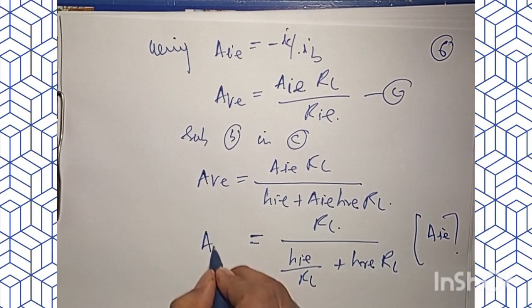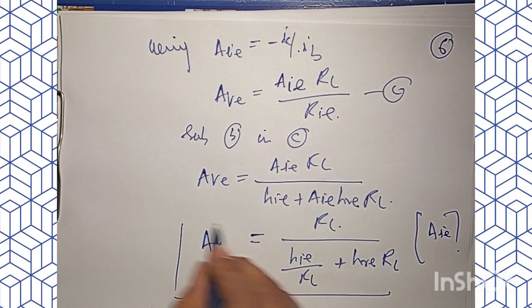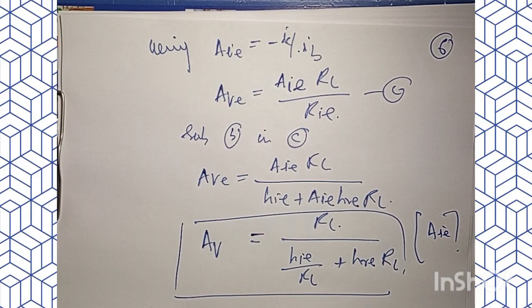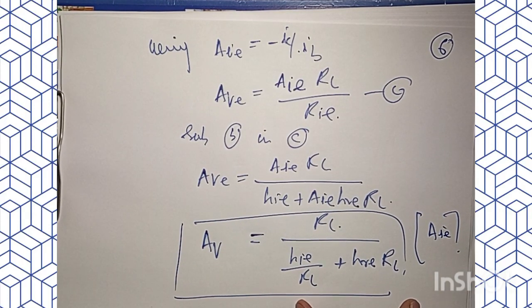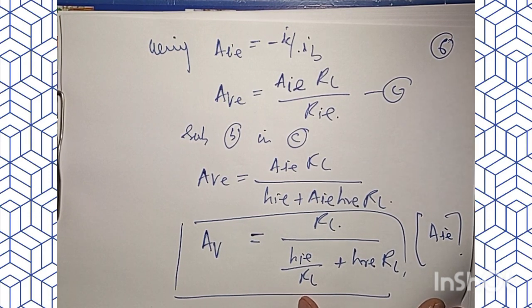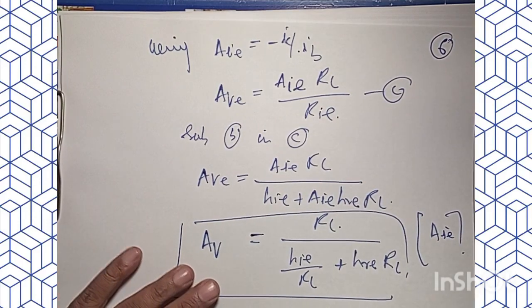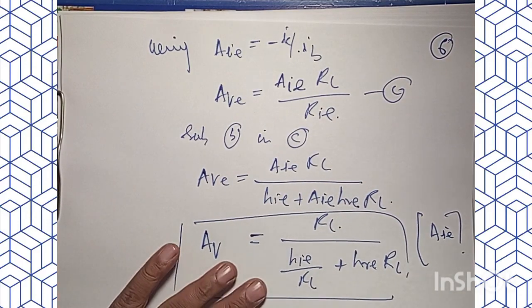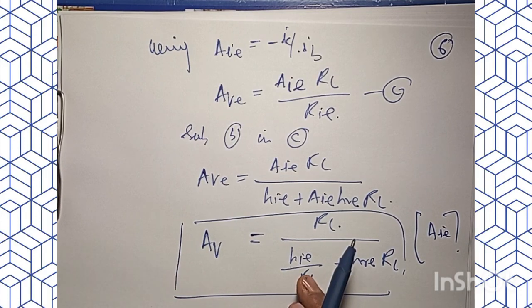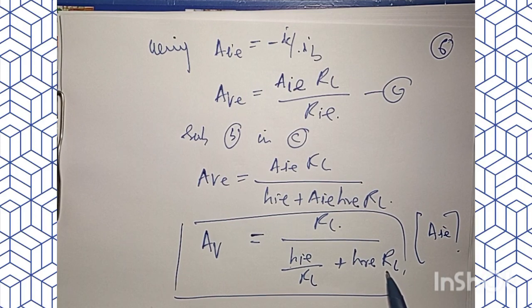Okay, so here I have the expression for voltage gain. If I would like to move on from here, I would like to use the expression for AIE. I have RL by HIE RL plus HRE RL.